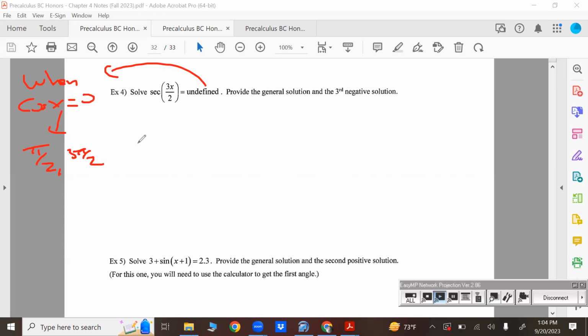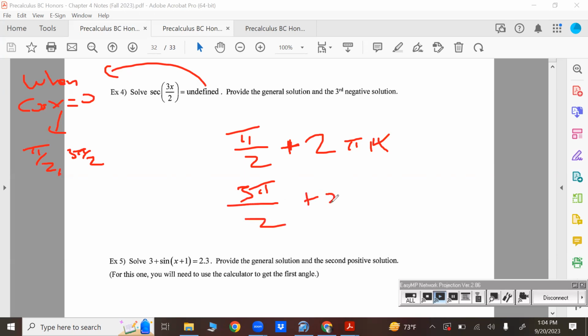Yeah. Right. So in this case, your general solution is going to be pi over 2. I see what you're saying. So yes, there are 2 places where this happens on the first rotation of the unit circle, pi over 2 and 3 pi over 2. Now don't write this down, because I could do this, and you would not be wrong. My k's look terrible. I'm so sorry. You would not be wrong if you did this, but it's a bit repetitive.